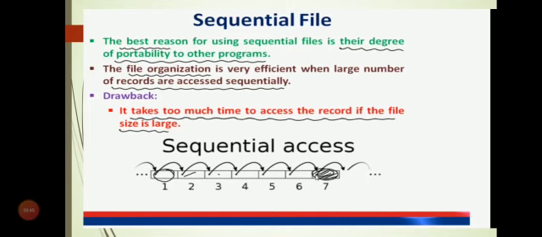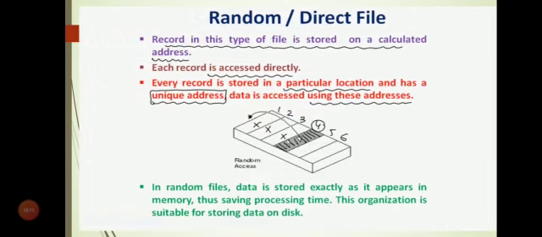If we want to access the 21st record, we must go through records 1, 2, 3 and till 20, and then reach record 21.